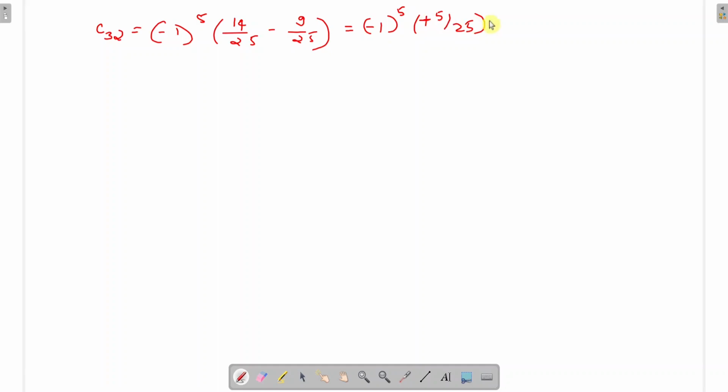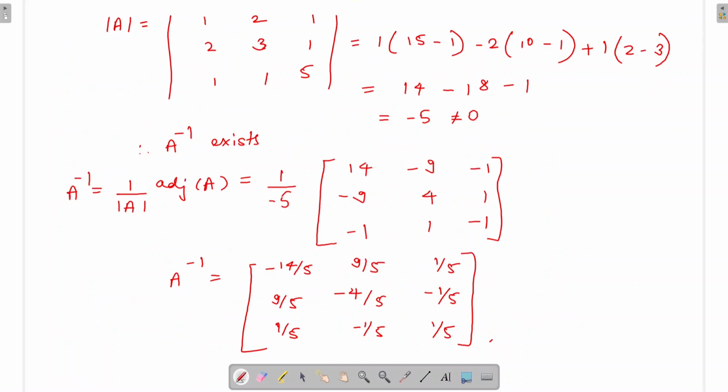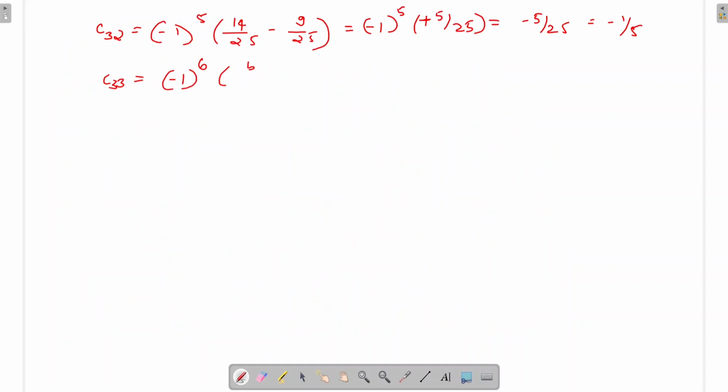Sorry, plus 5 by 25, which is minus 5 by 25, which is minus 1 by 5. C33, minus 1 raised to 6 times 56 by 25 minus 81 by 25. So that is nothing but minus 25 by 25, which is minus 1.